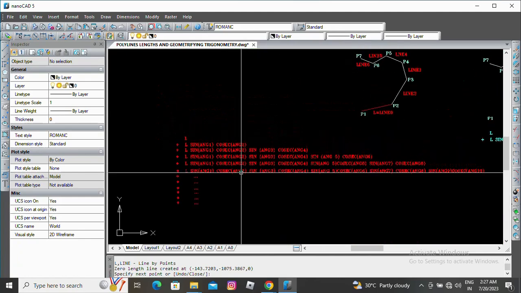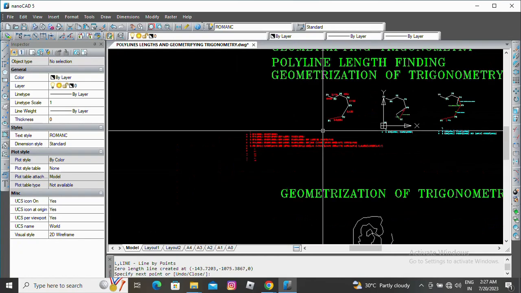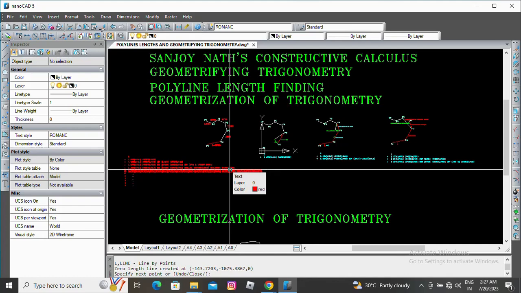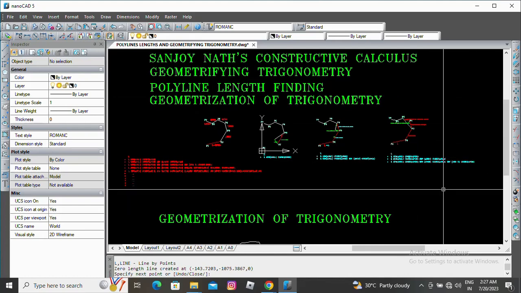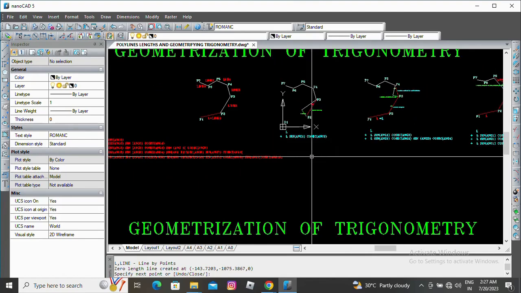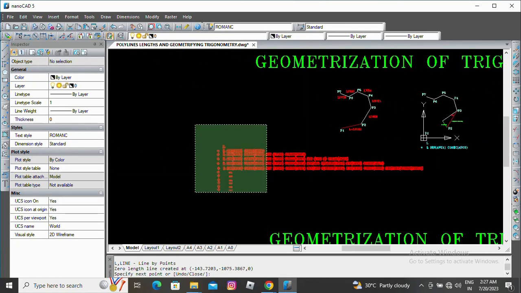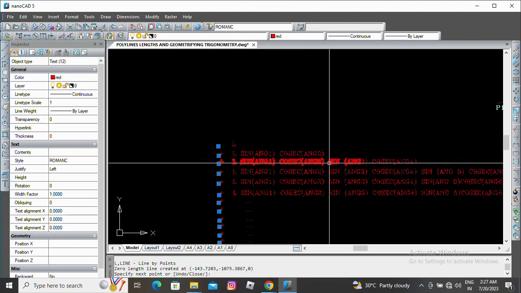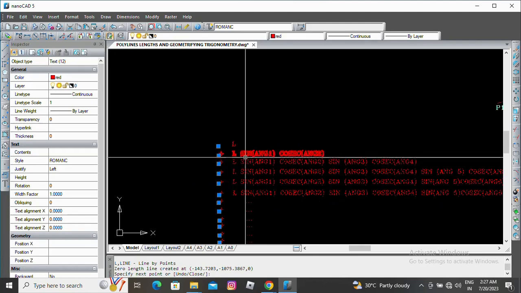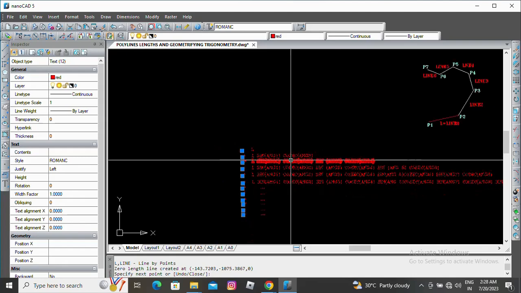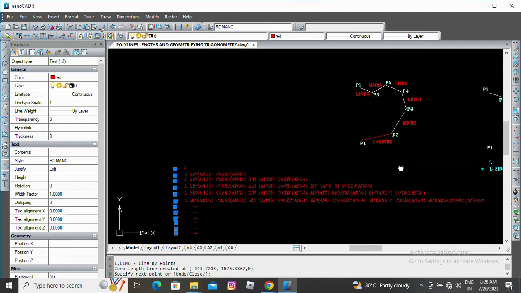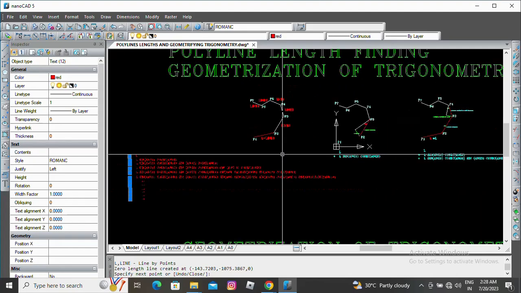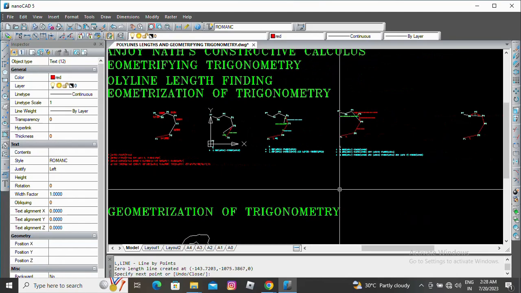This is the beauty of geometrifying trigonometry, because we can handle many situations of calculus with it. Geometrifying trigonometry handles these expressions as terms, all of which are represented as a line segment, the edges of any polyline, and it can become a closed polyline or an open polyline, whatever it is.